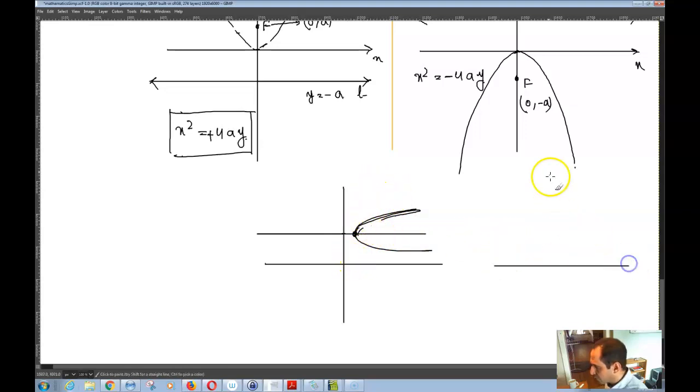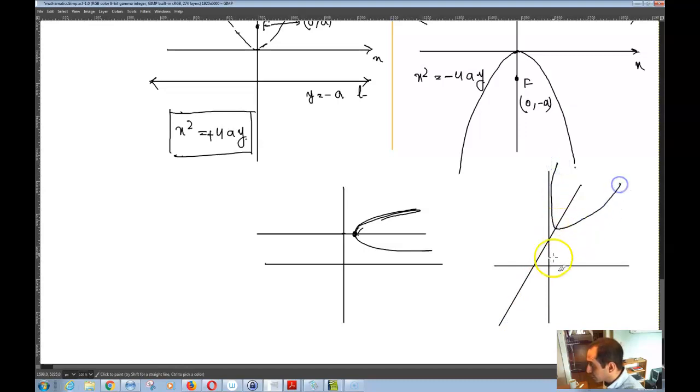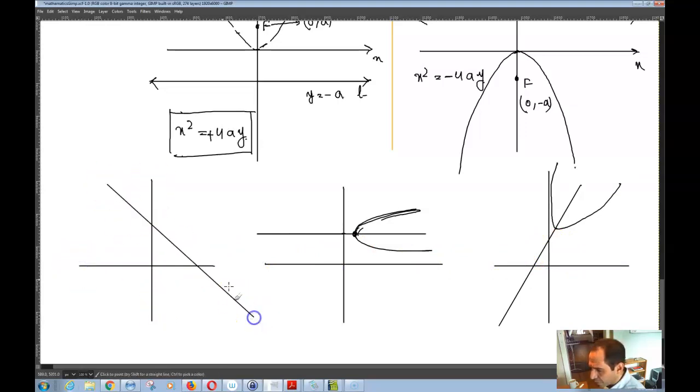You could even have a parabola in this configuration, where this could be the axis, and you could have any other sort of configuration for parabolas.